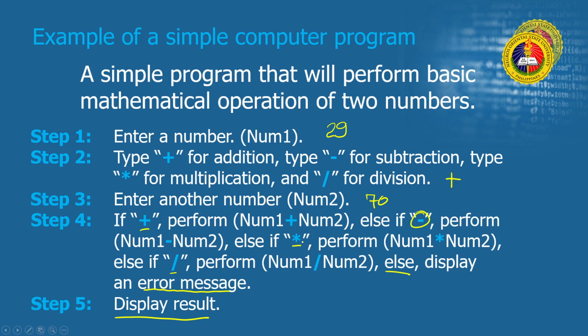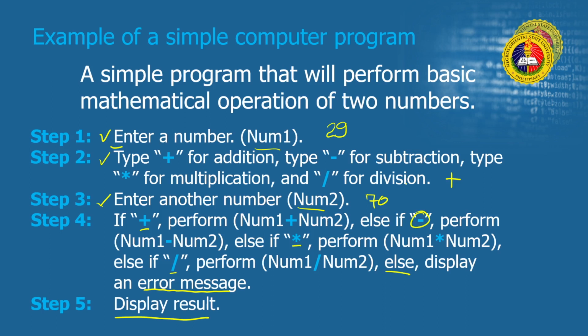For example, ni-enter ang user of 29 sa first step, and then ni-enter siya og plus sa second step, and then sa third step ni-enter siya og 70. Then sa step 4, we will let the computer perform the following task. Na siya condition. So if sa step 2 ni-enter ang user of plus, then perform 29 plus 70.